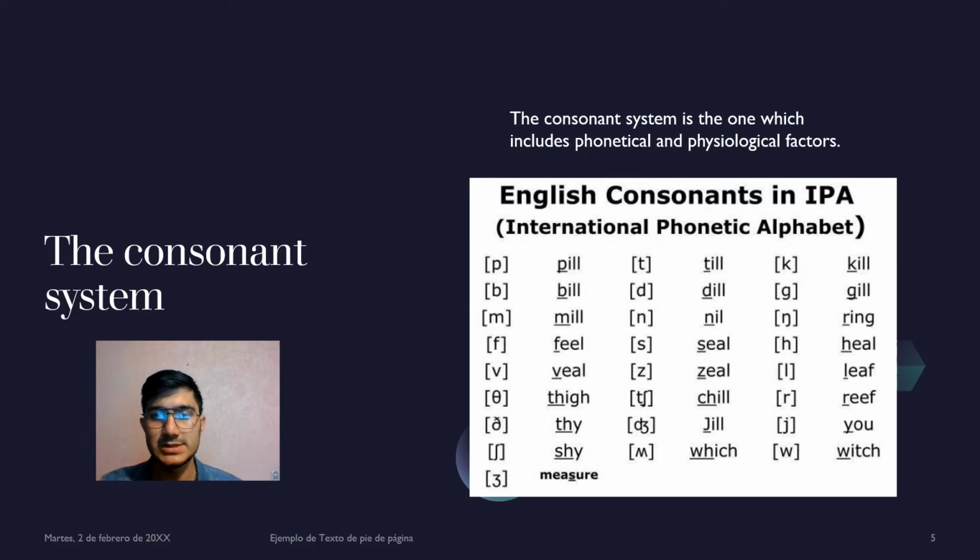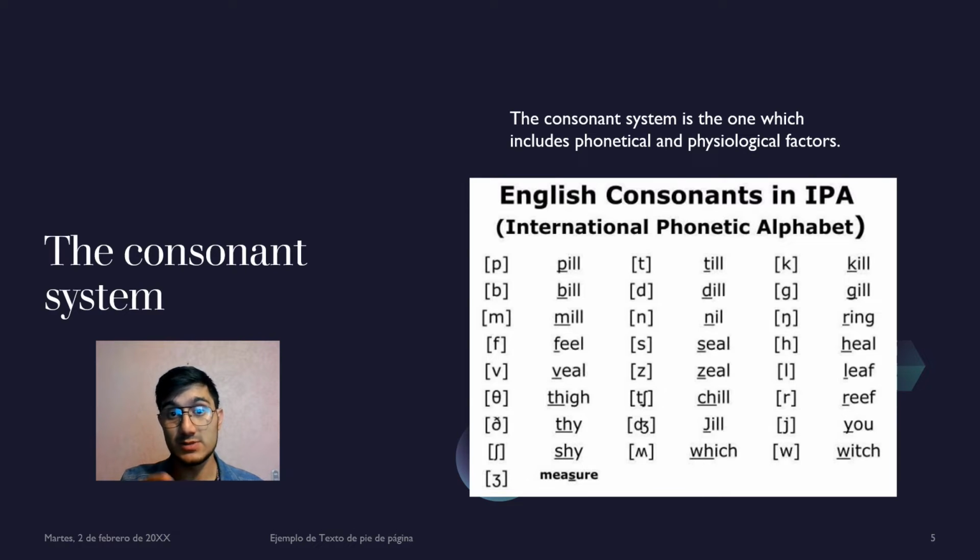Now, the consonant system includes phonetic and physiological factors. So we have to teach our students that we have 24 consonant sounds. We can find those sounds in this table that we have in this slide, and we can teach them how to read also the symbols that we are going to be using.